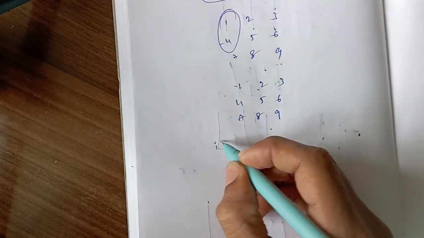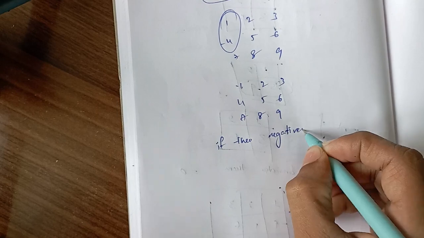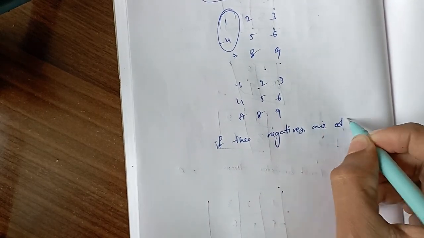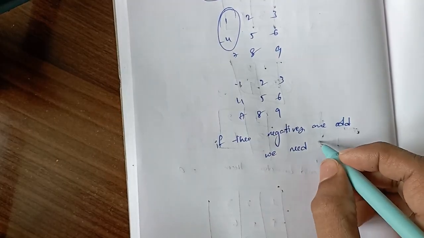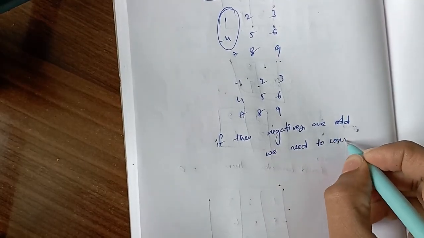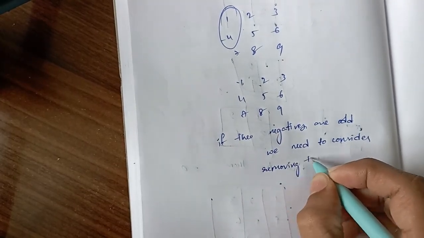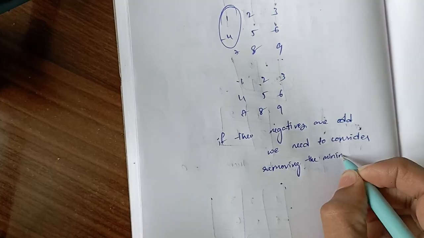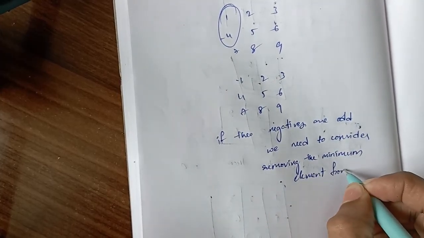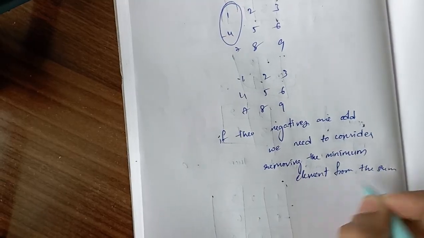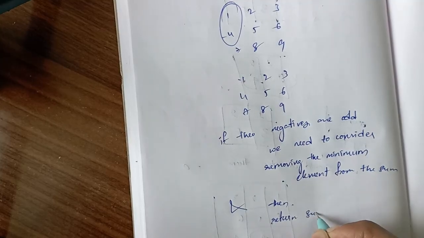That means if the negatives are odd, we need to consider removing the minimum element from the sum, and then return the sum.